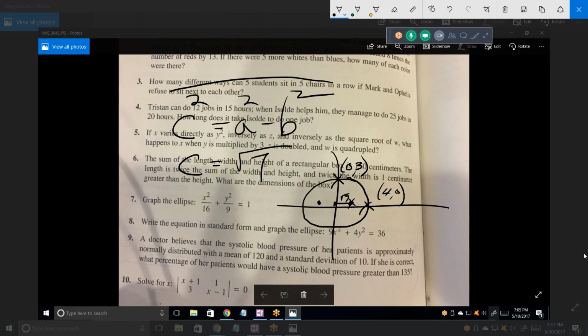That is the key equation, but that only holds true for ellipses, not hyperbolas. With hyperbolas, it's the Pythagorean theorem. For ellipses, it's not. In other words, for ellipses, it's a squared minus b squared.